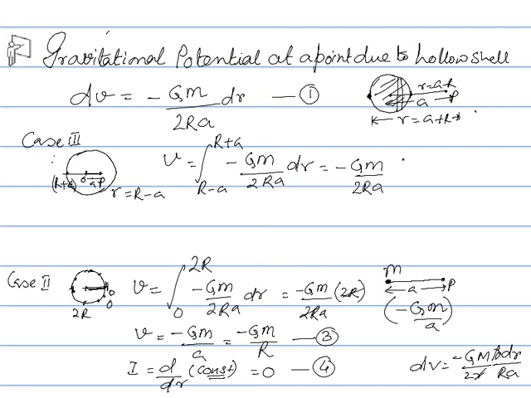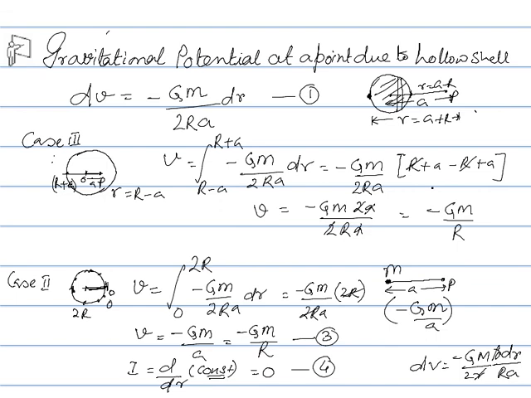Integration of dr is r. If we put the upper limit r plus a minus the lower limit r minus a, this minus a becomes plus a, because outside there is a negative sign, so r cancels out. This becomes equal to minus Gm by 2ra into 2a. So 2a cancels out, that is equal to minus Gm by r.